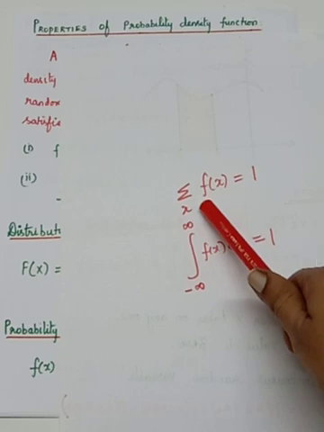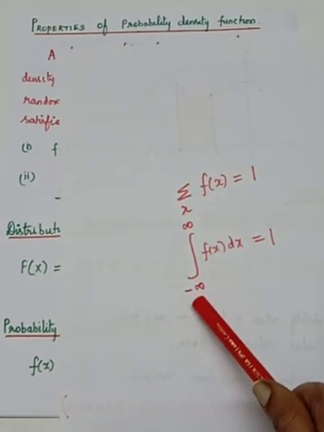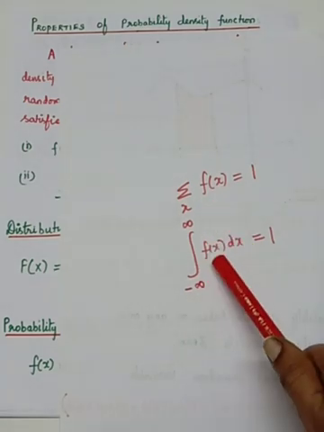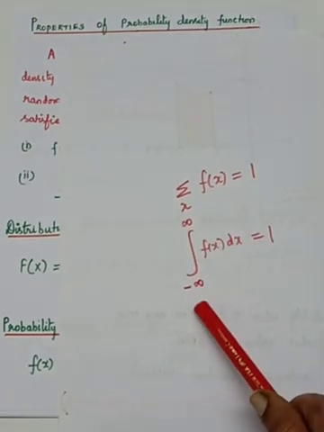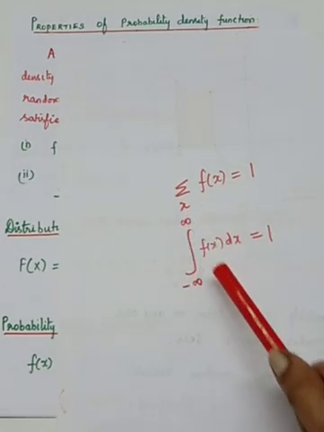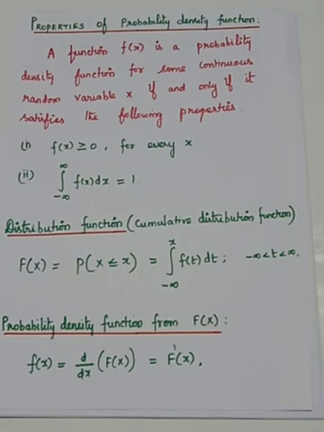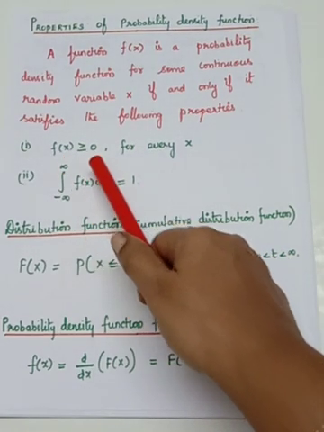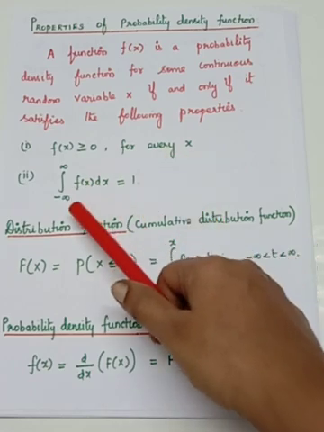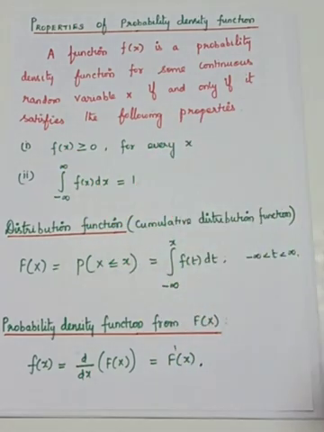For a discrete random variable you use summation, but for a continuous random variable with a PDF, that is probability density function, the property is integral minus infinity to infinity f of x dx equal to 1. So the two properties are: f of x greater than or equal to 0 for every x, and integral minus infinity to infinity f of x dx equal to 1.